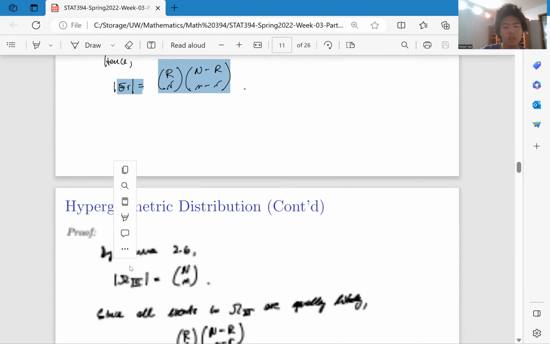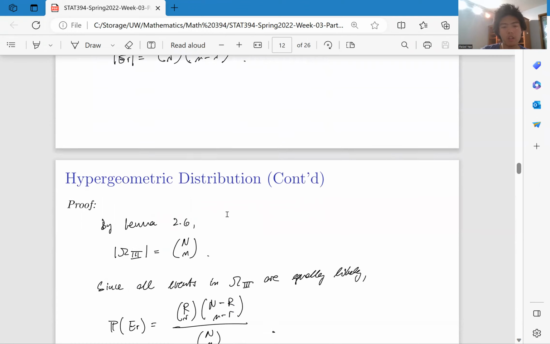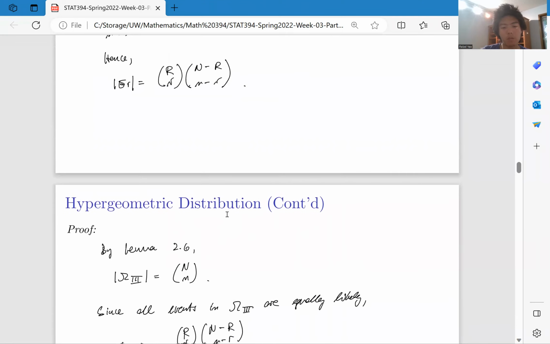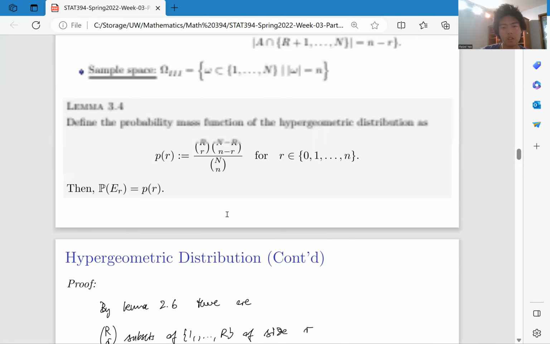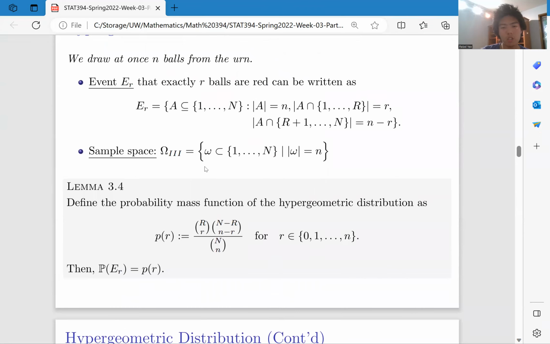Very obvious. However, we want to see what's the sample space cardinality of the hypergeometric distribution. First consider what's the sample space.